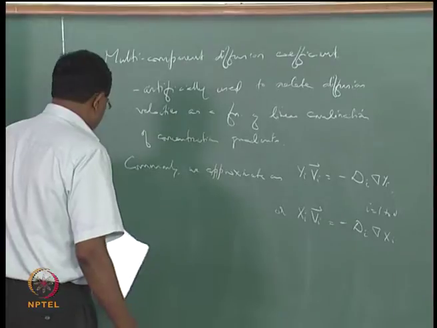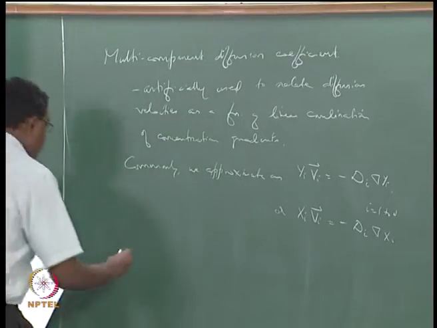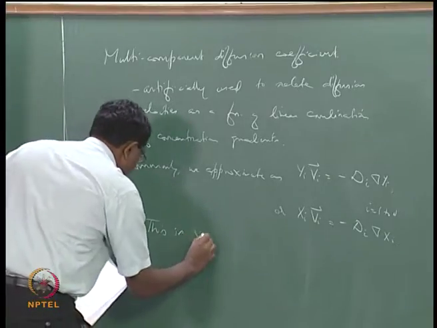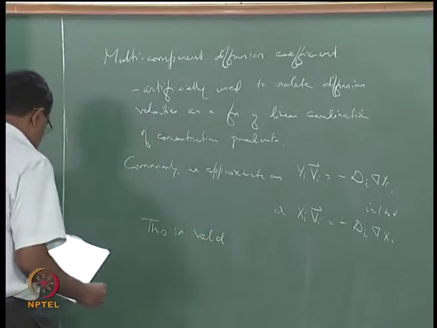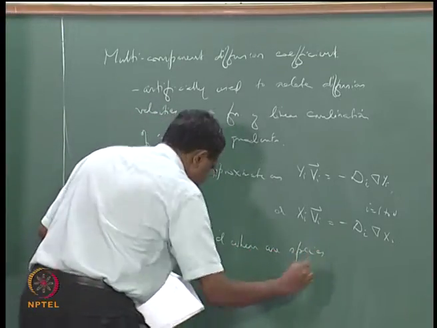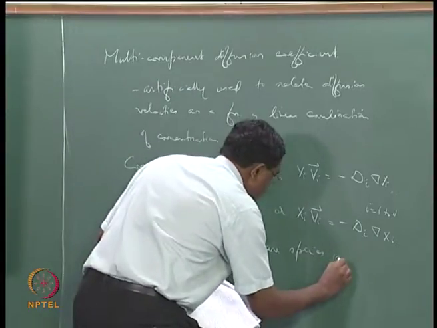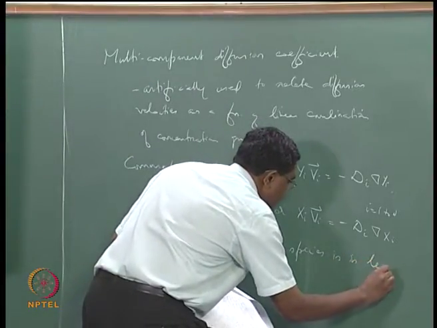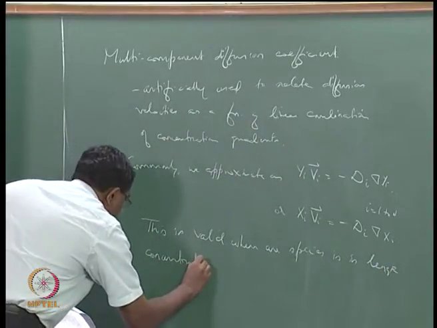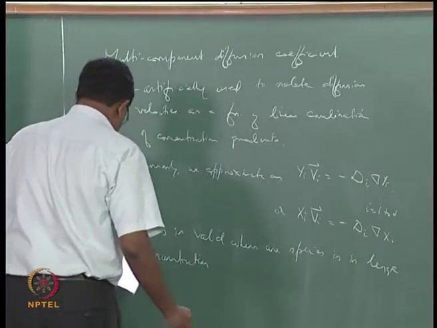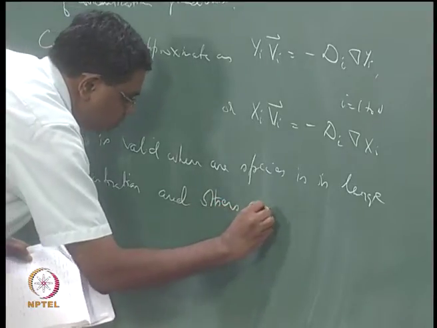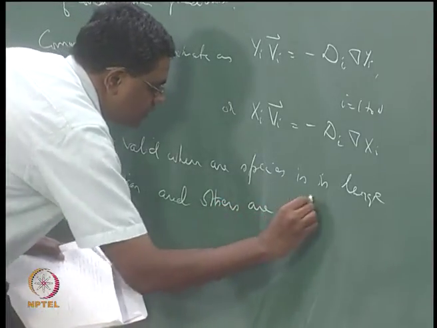So the way we typically do this is, this is valid when one species is in large concentration and others are in trace.